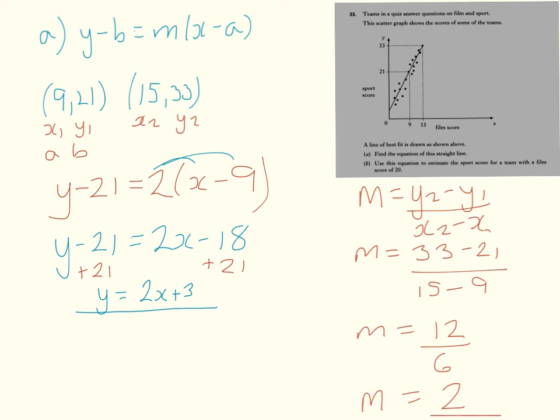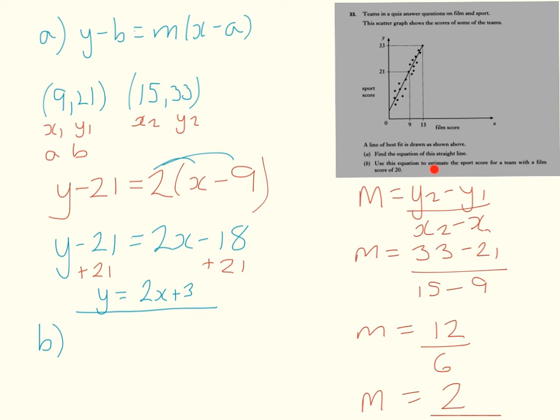Part B asks me to use this equation to estimate the sports score for a team with a film score of 20. Okay, so we need to have a wee think about this. So this is part B. If we have a look here, the film score is represented by our X values. Sports score is represented by our Y values.